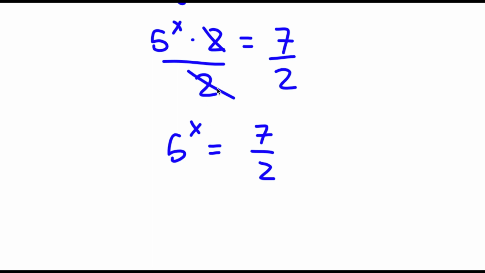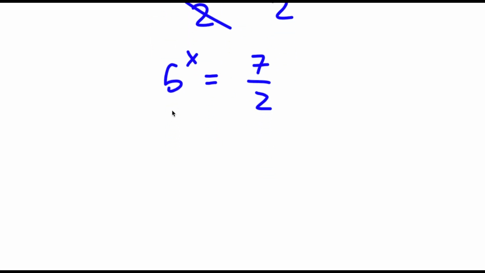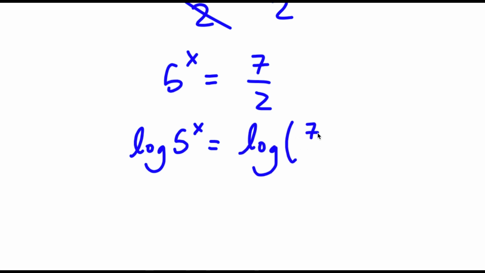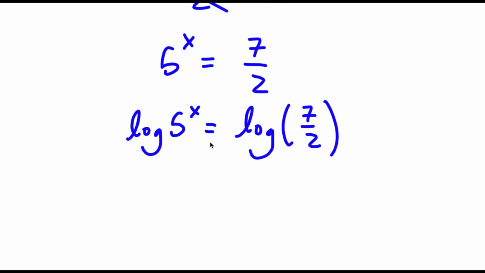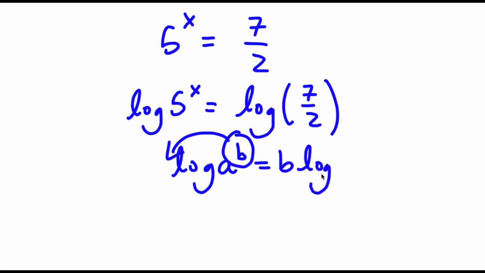Now from here, I'm going to take the log on both sides. So now I have log 5 to the power of x is equal to log 7 over 2. Now if I have something in the form log a to the power of b, I can move this exponent b to the front. So it's going to equal b times log a. So in this case, I have log 5 to the power of x, and I can move x to the front.